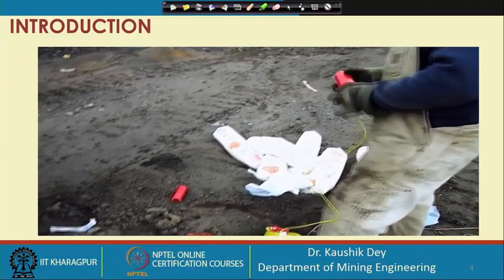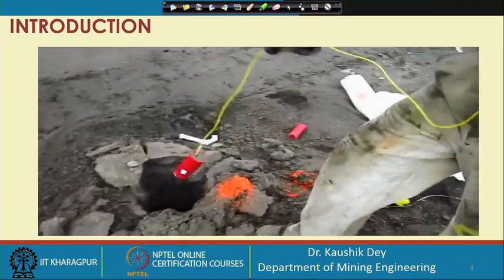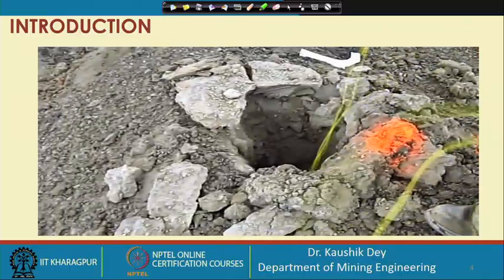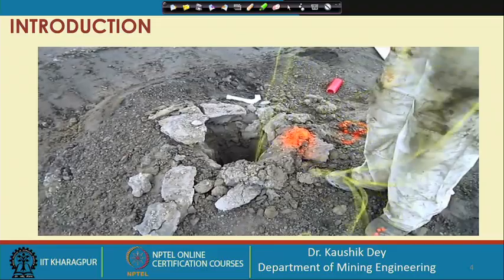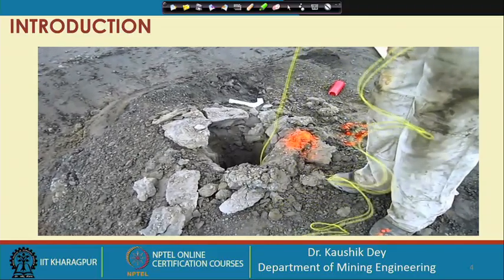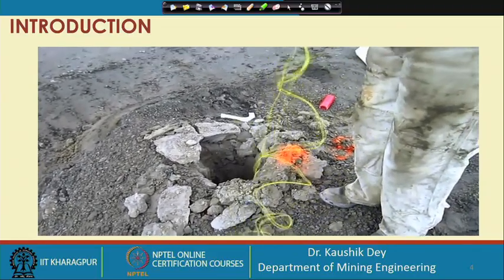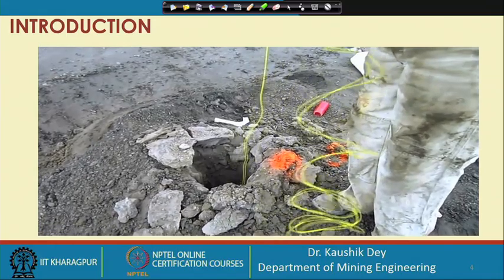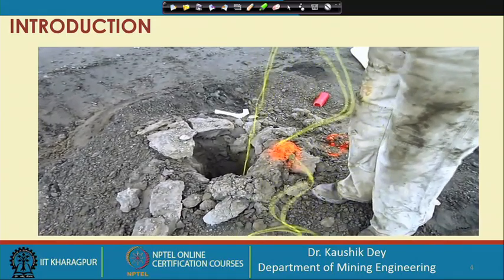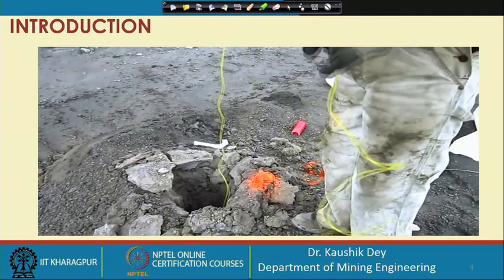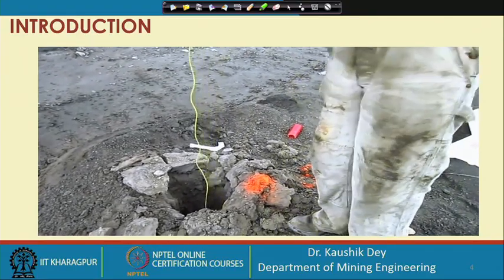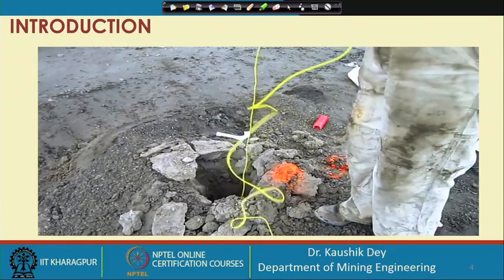The pink one is the booster, and the nozzle is fitted with the booster. We are inserting the booster because the explosive cartridge is not cap sensitive. The cap sensitive one is the booster, which is connected with the detonator of the nozzle. The initiation from the nozzle will initiate the booster, then the booster will initiate the explosive.